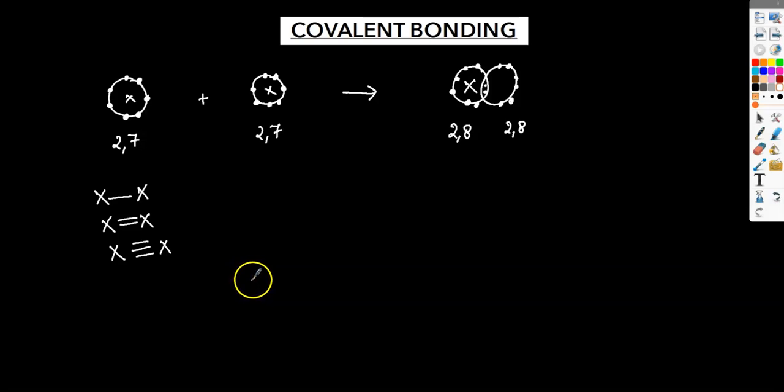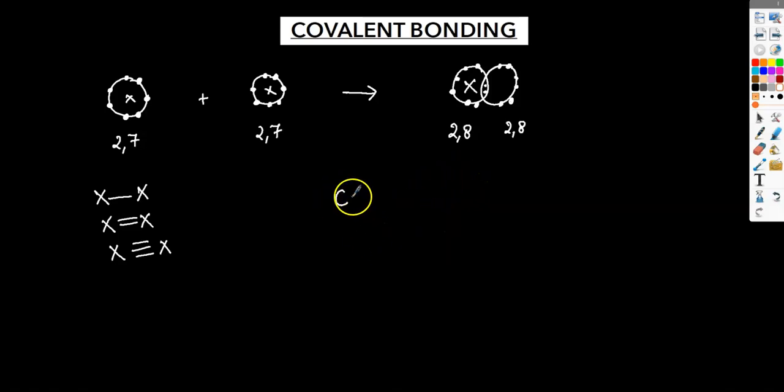So what is a covalent compound or molecular compound? The chemical compounds formed due to mutual sharing of electrons between the given pairs of atoms, thereby forming a covalent bond between them, are known as covalent compounds.